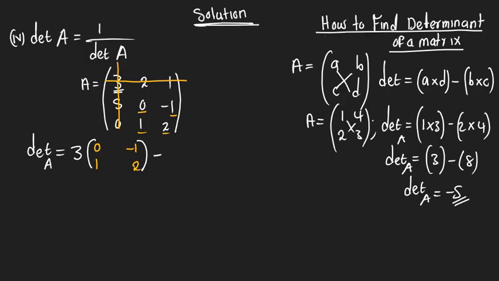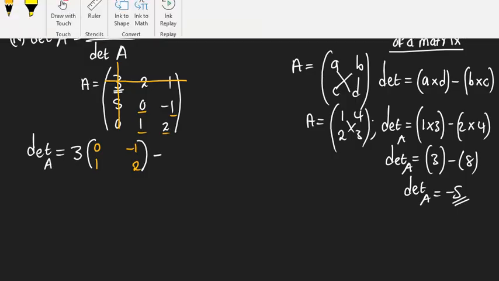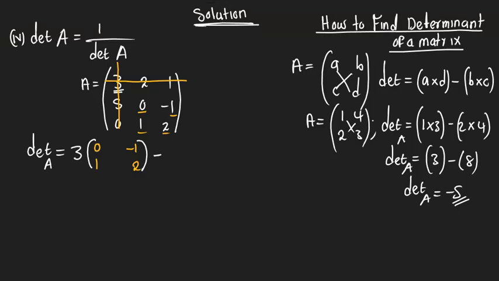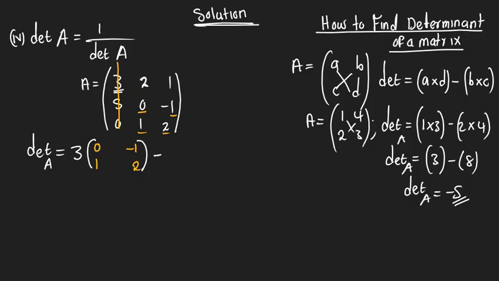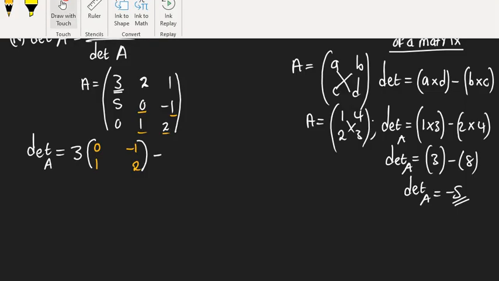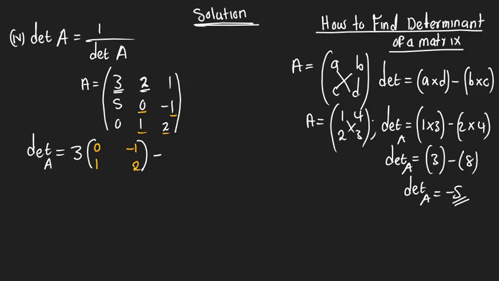Then we say minus. Again, we do the same thing. You've seen this first part here. It's positive. The second part is this one. Now, this 2 is positive, so it's going to be the opposite this time around.